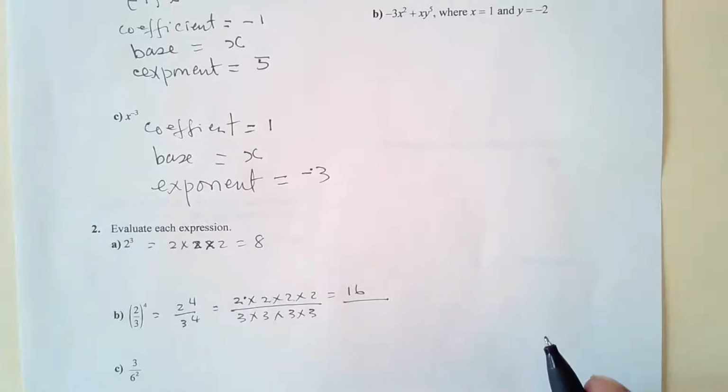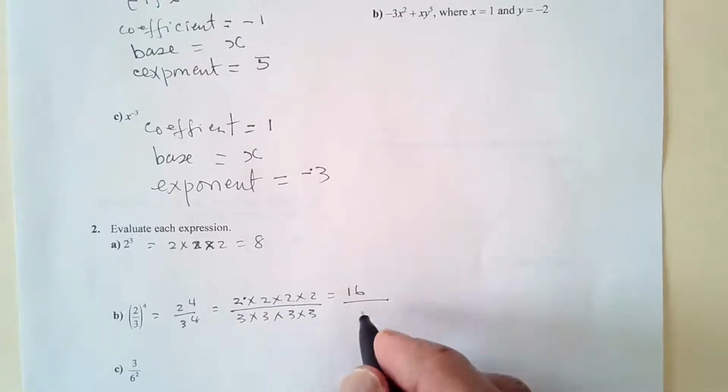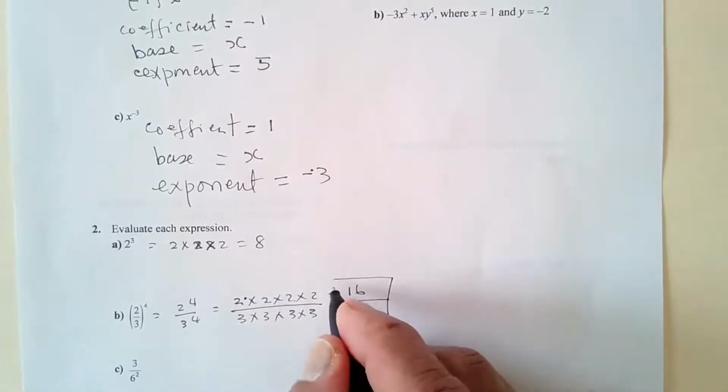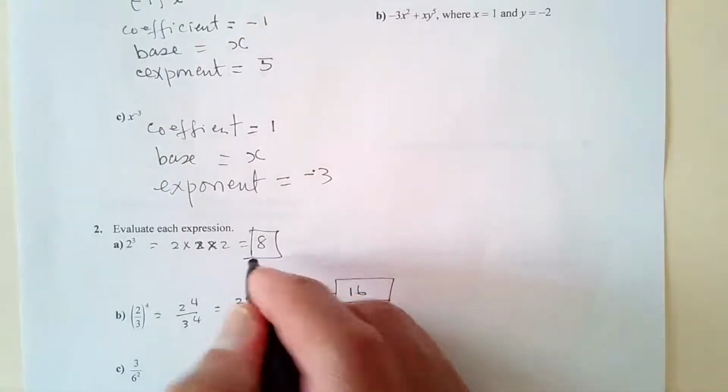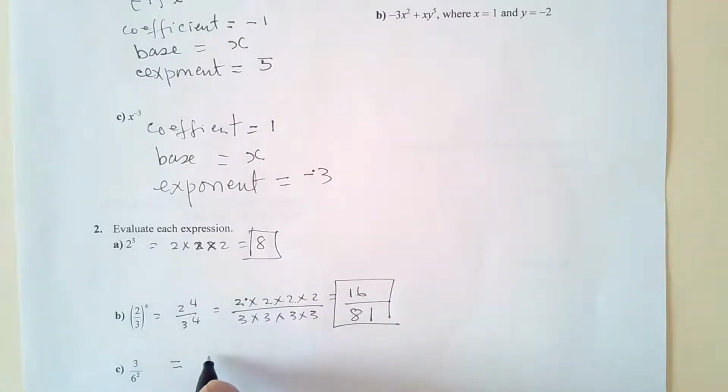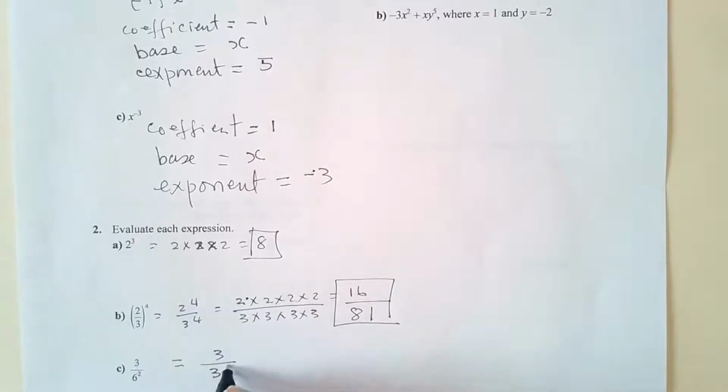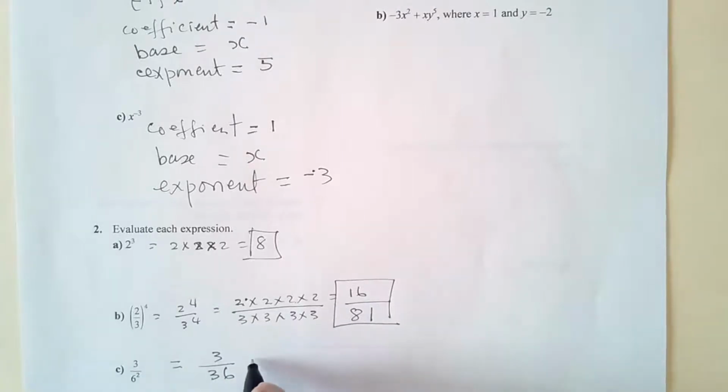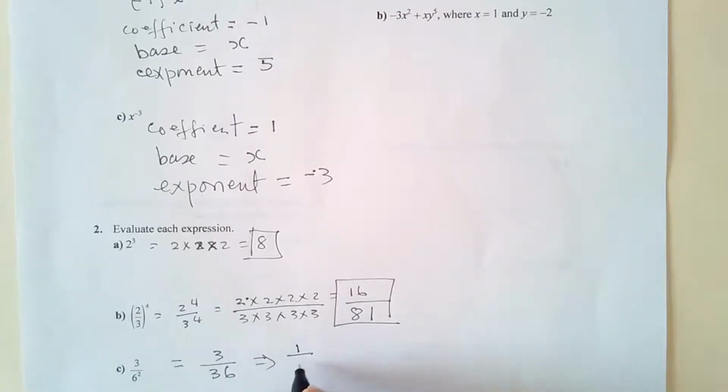So 3 to the power 4 gives me 81. Six to the power 2 is 36. We can simplify this. 3 can go into 36 12 times.